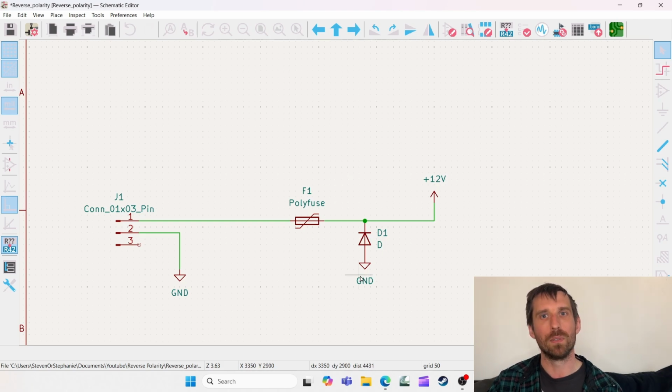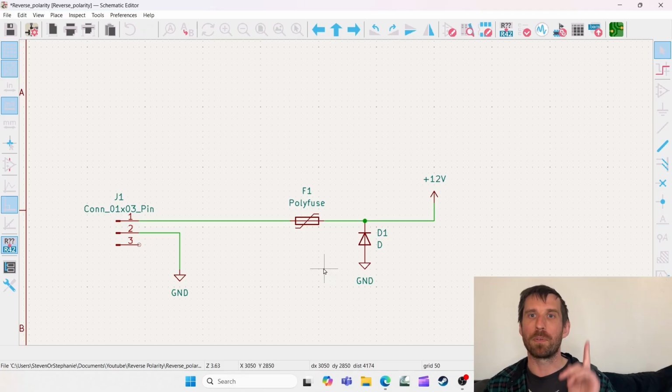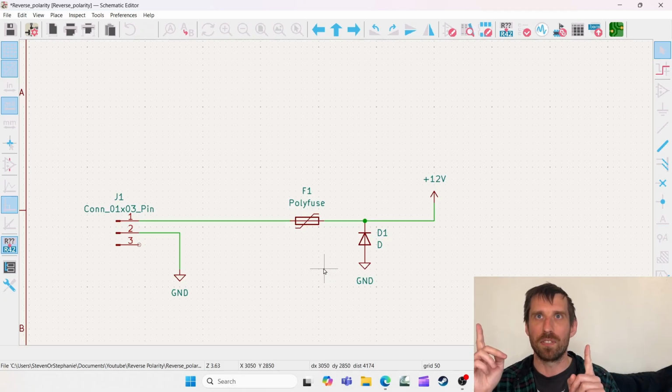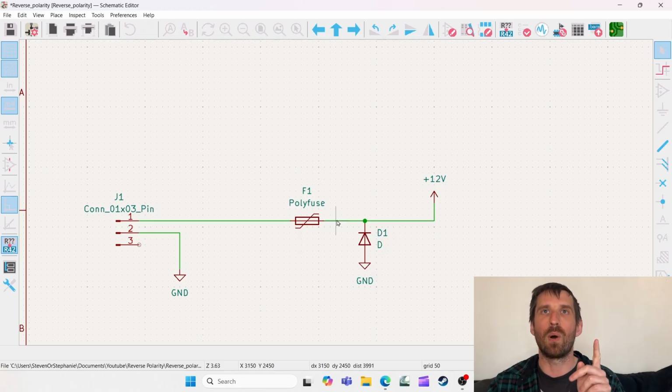Now, a polyfuse, that's the PTC thermistor, positive temperature coefficient. So as temperature rises, resistance rises. Temperature rises enough, resistance is so high that this effectively opens the circuit.